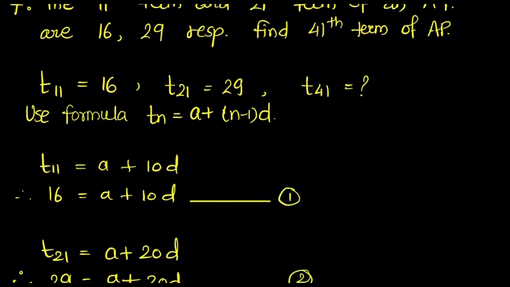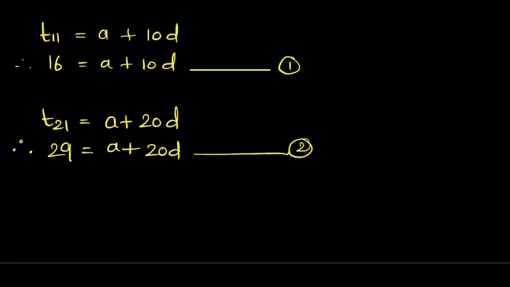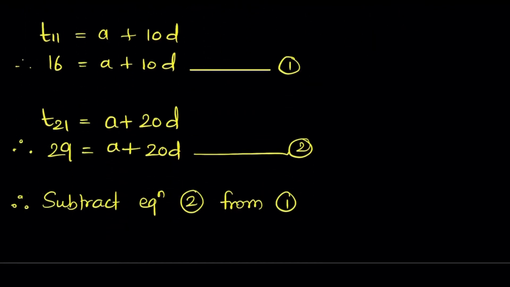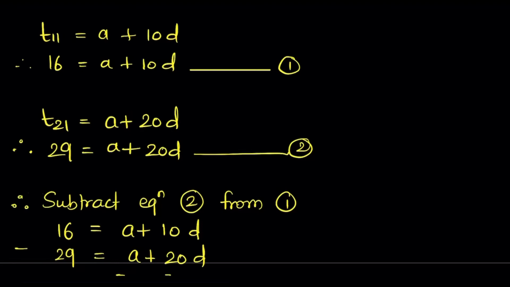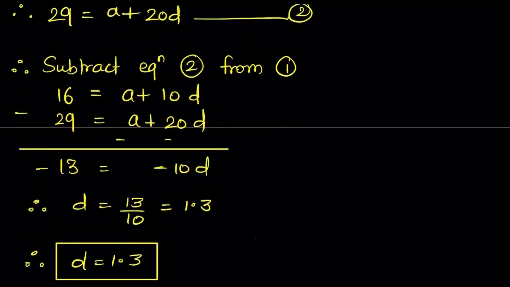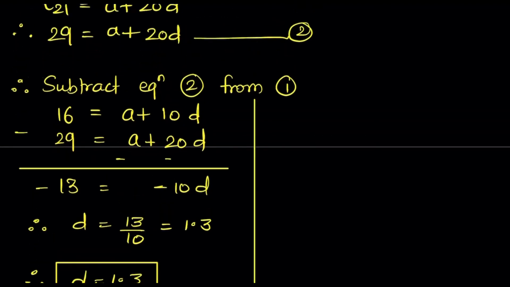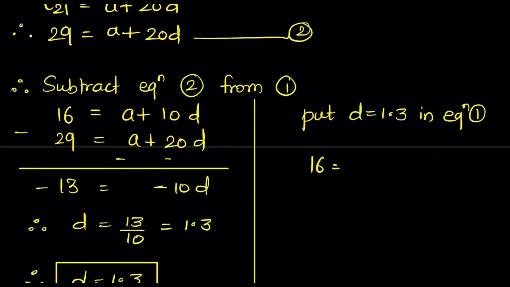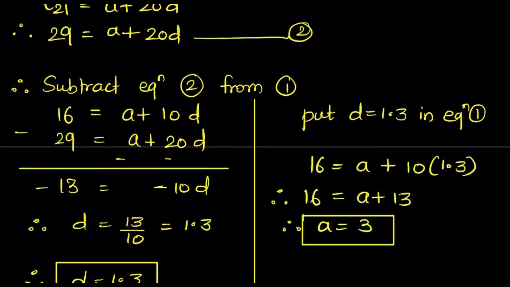Now this is a problem of simultaneous linear equations. By subtracting equation 1 from equation 2, we will get the value of D as 1.3, and by substituting this into equation 1, we will get A equal to 3.